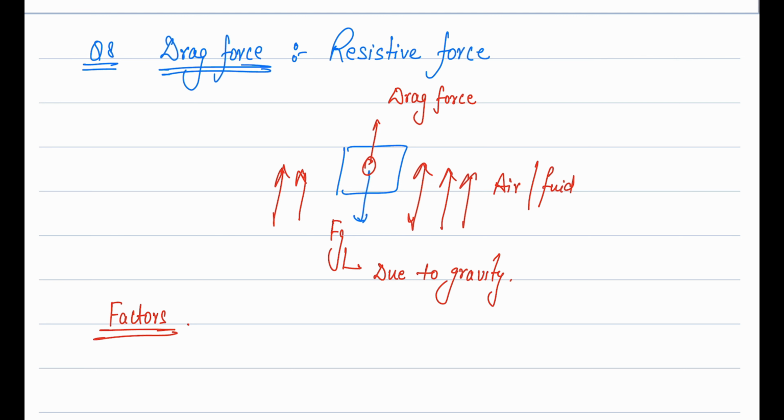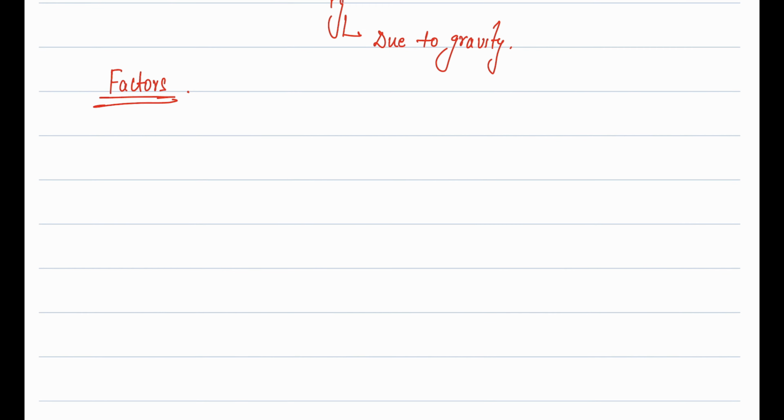First thing, let's say this is the body and force is going Fg, and there is one force which is called drag force. Let's say Fg is 100 and you apply drag force is 100. Then what will happen with the body? Will it go down? Yes or no? Yes, it will go down.